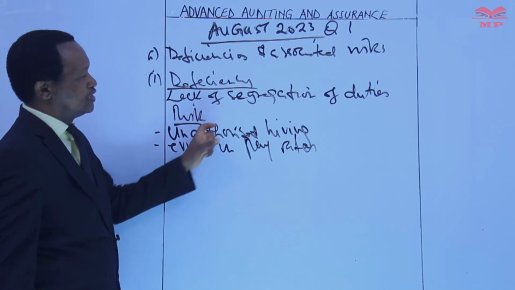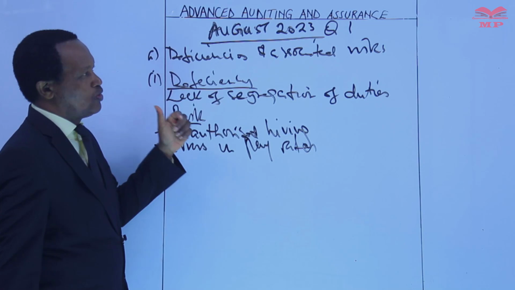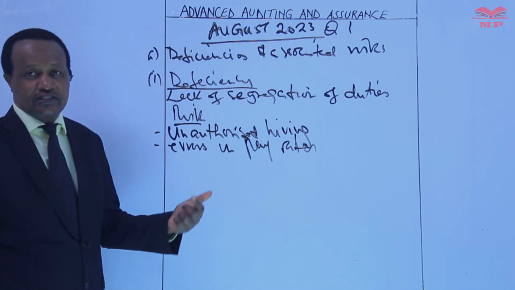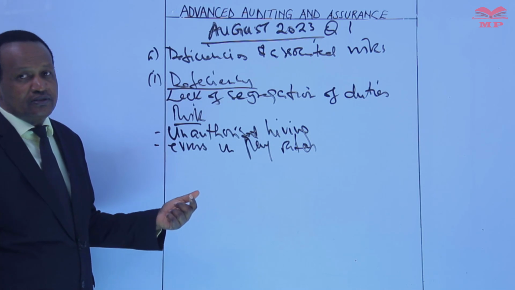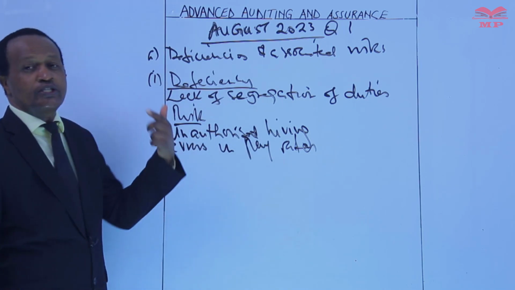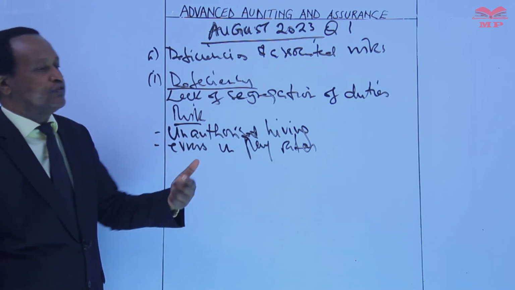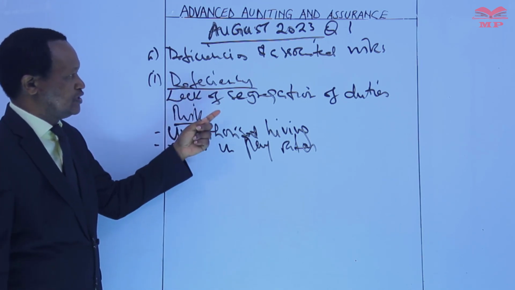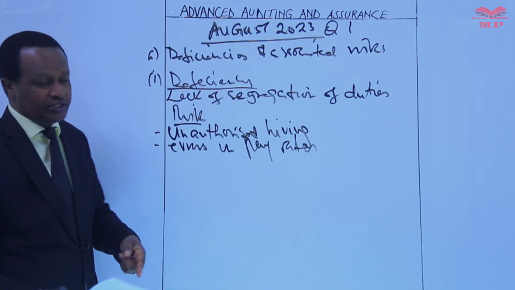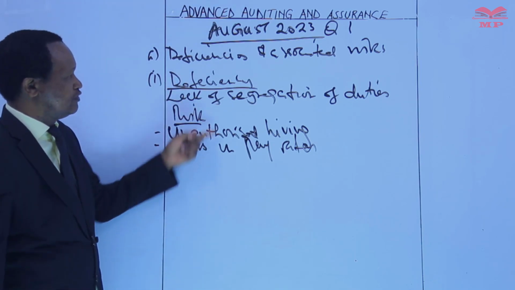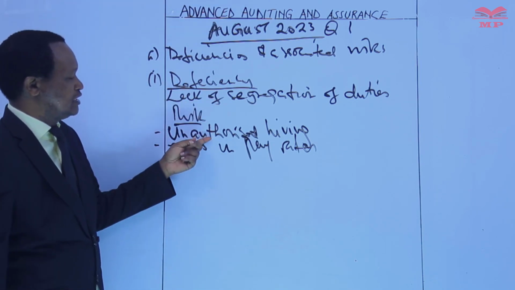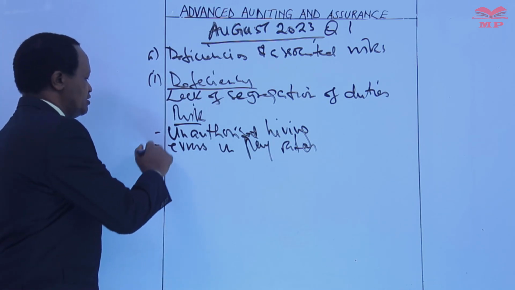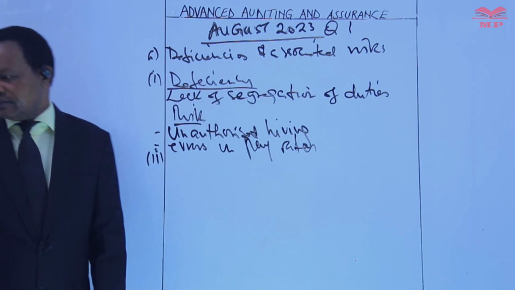When you have segregation of duties, a worker can check the work of another one and identify any errors. There is a risk of potential theft or payroll fraud. So there are many risks associated with the lack of segregation of duties in relation to this company. Candidates just have to give a deficiency and the risk to earn the 2 marks. Now give me the second deficiency.